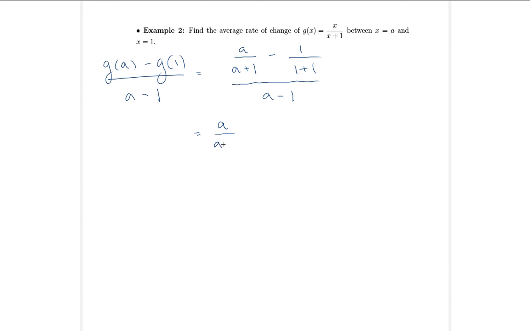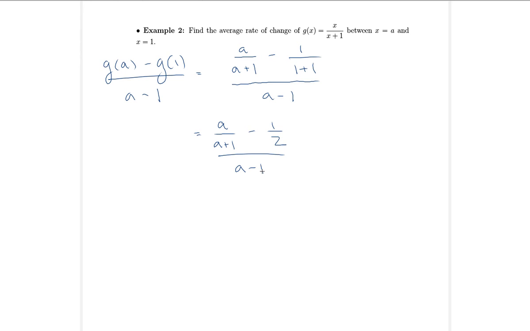A over a plus 1 minus 1/2 over a minus 1. But this is pretty ugly at this point, right? We got fractions within fractions, and we definitely do not have a simplified situation here when we have fractions within fractions. So I want to not have that anymore.